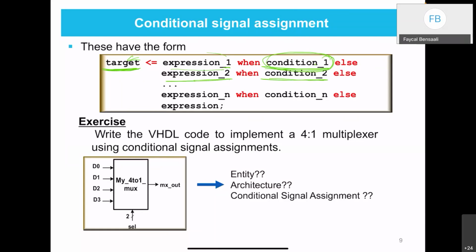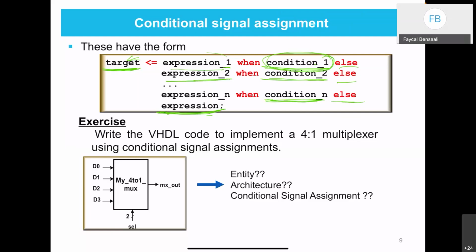Until, and you see we are using else here, the last one: if the last condition is false, then the last expression, which we can say is the default one. So if none of those conditions are true, the default one will be assigned to the target. So at the end, there is always one expression assigned to the target: the first one that has the condition true.